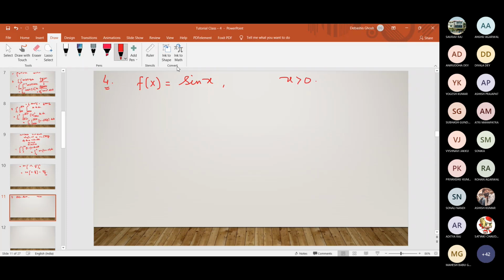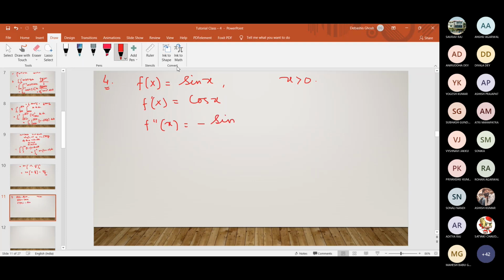Since the expression consists of x square, here we consider up to the second order derivative. So you have f dash x, that comes to cos x, f double dash x comes to minus sine x.